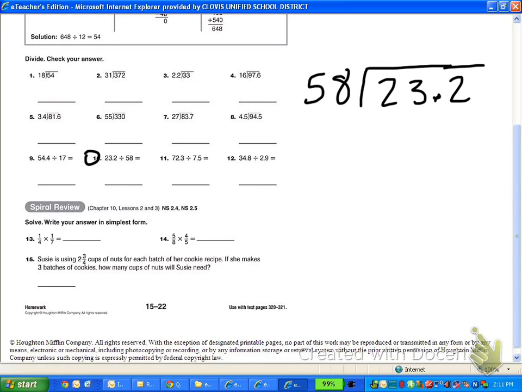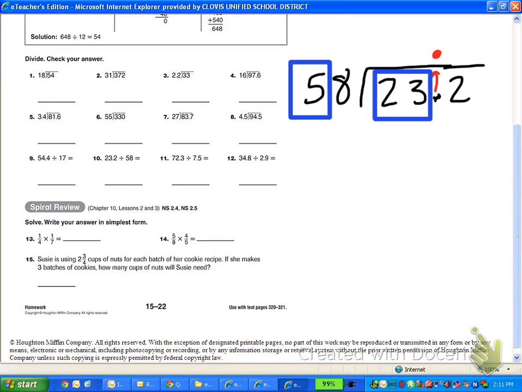All right, let's try number 10. 23.2 divided by 58. So 58 cannot go into 23, so it has to go into the whole number, 232. First thing you want to do is put your decimal up here. Now I'm looking at the 23, and I'm looking at 5.